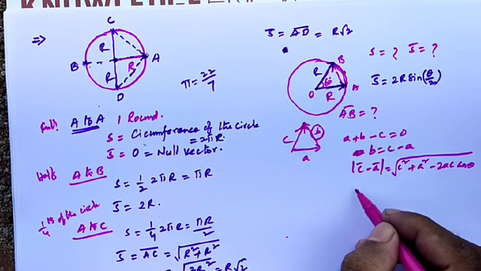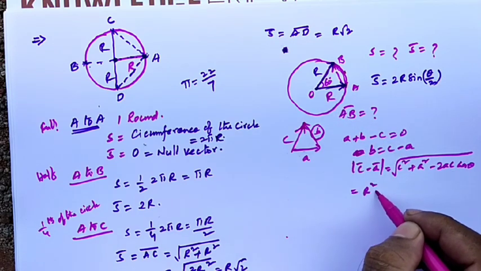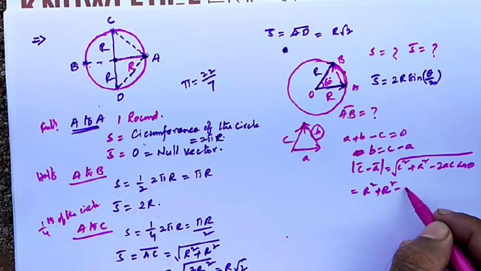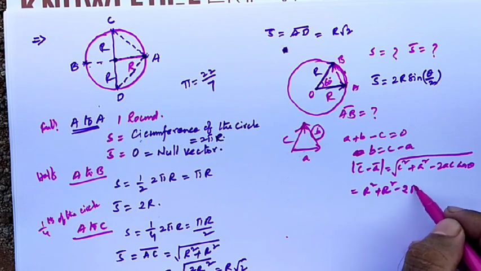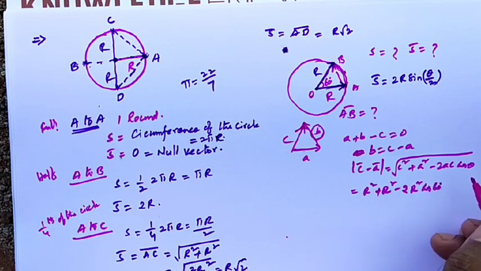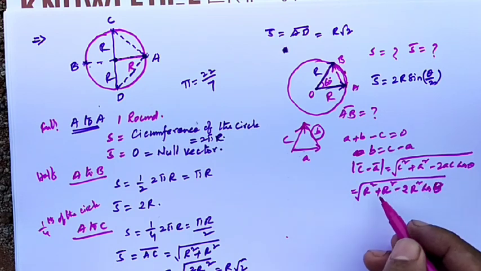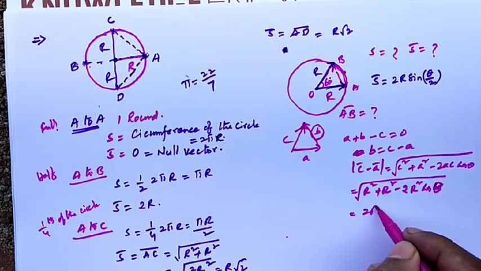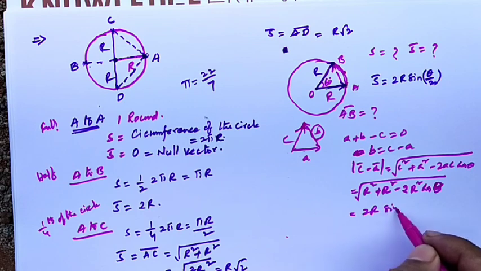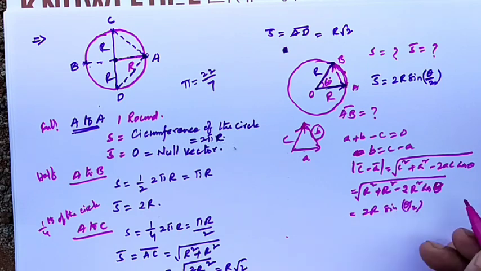R. Then that is root over R square plus R square minus 2 R square cos theta. If you simplify this, then you will be getting 2r sine of theta by 2. So in this way one can calculate displacement directly.